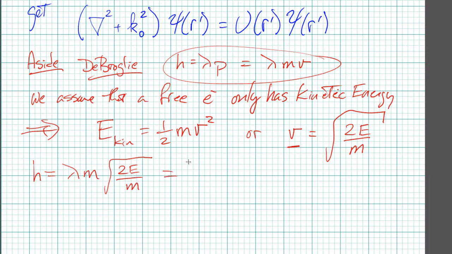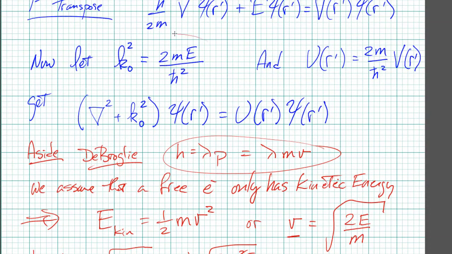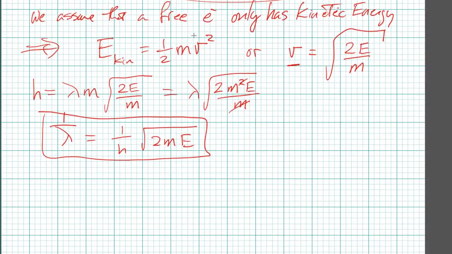Bring the m inside the square root, lambda times the square root of 2m squared E on m, cross our m's out, and we finally find that 1 over lambda will equal 1 over h square root of 2mE. Well, that's pretty close to what our value is up here, but not quite. We have that funny, pesky little h bar. So what's going on with that?